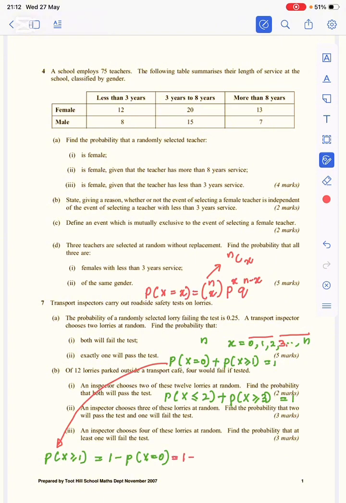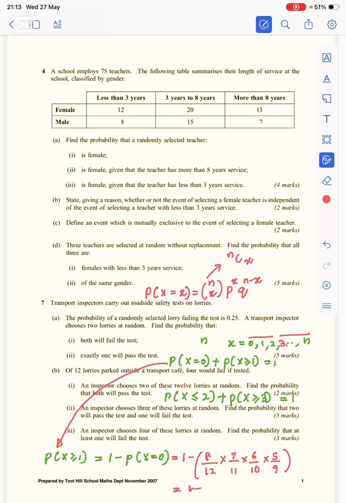If the first one passes, what is the probability? 8 divided by 12. Then second passes 7 divided by 11. Third passes 6 divided by 10. And then fourth passes 5 divided by 9. Simplify this one.